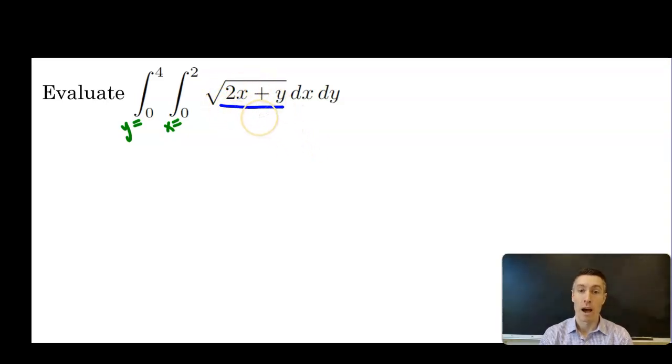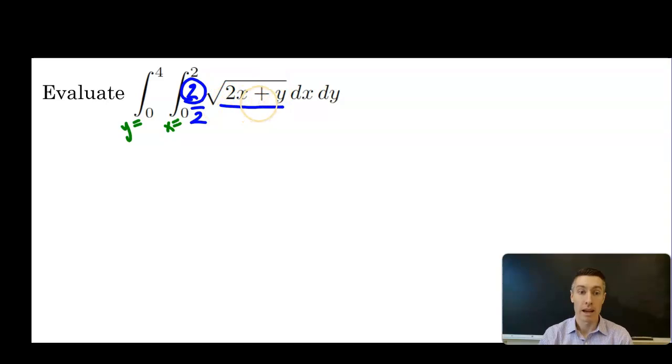That's 2x plus y. If we were doing a formal u substitution, which you could do, this would be your u. U would be equal to 2x plus y. And then du, the derivative, would be 2. So we're going to put a 2 in front, over 2, circle the 2, that would be your du term.